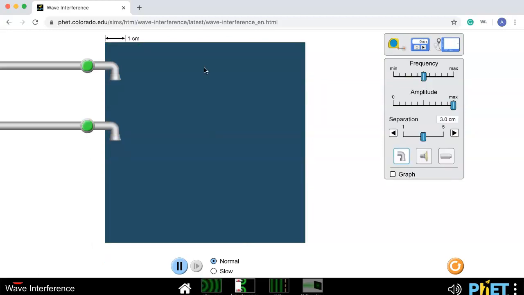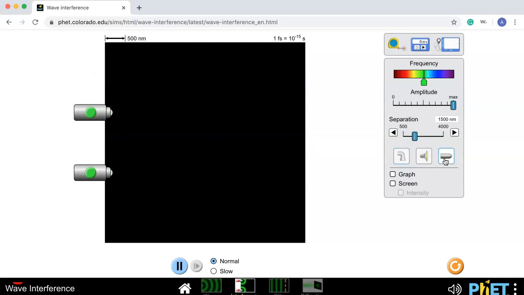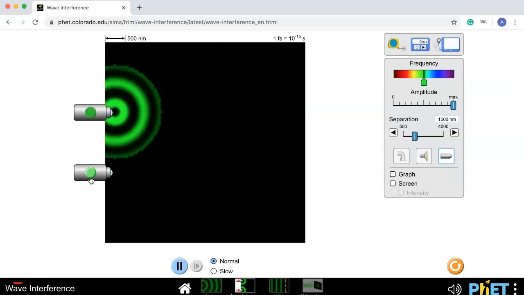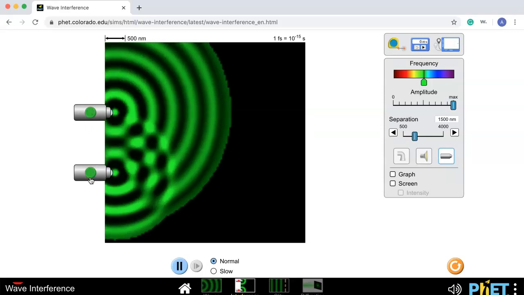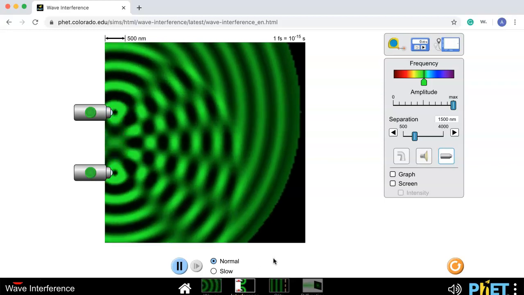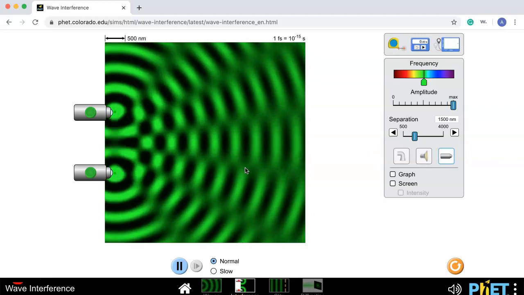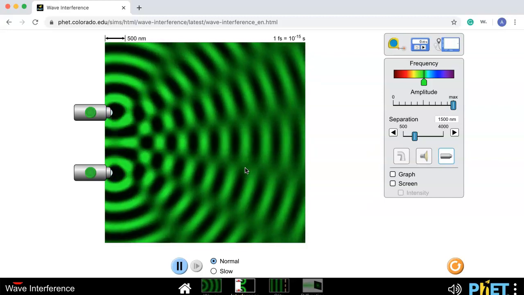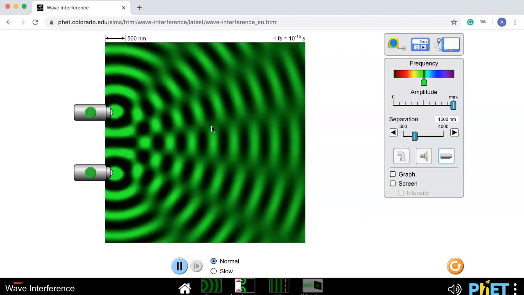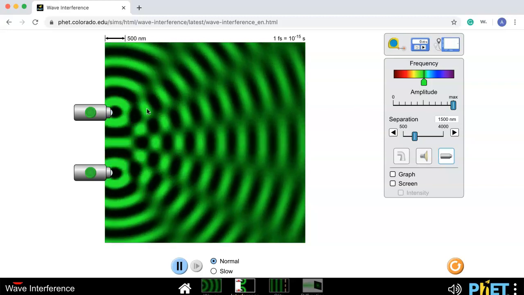Okay, so now let's go to the case of two. I think maybe the green one has the best visibility, so let's work with that. All right, so I can start this and start that. And see, that's the pattern that emerges. There are these lines that seem to be darker.